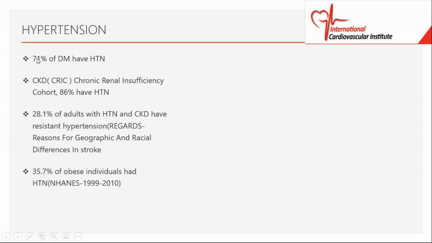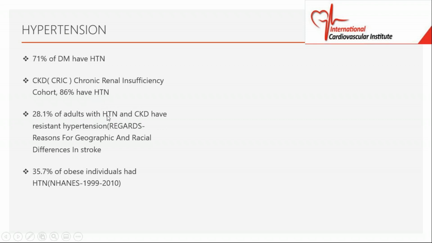So about 71% of our diabetic patients have hypertension. Close to 3/4 of our diabetic patients have hypertension. When we talk about patients with chronic kidney disease, about 86% of those patients have hypertension.